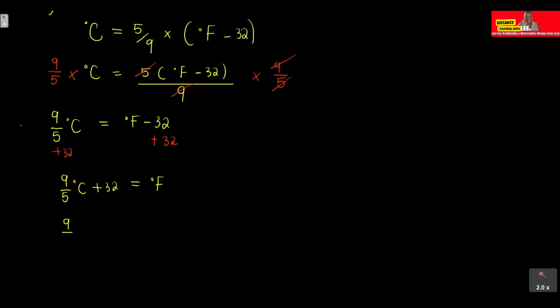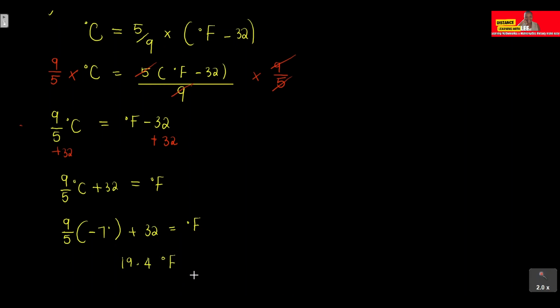So it's going to be 9/5. What is the temperature? -7 degrees Celsius, let's just leave it as -7, plus 32, which is equal to degrees Fahrenheit. If you punch this into your calculator, you'll get that the temperature is 19.4 degrees Fahrenheit.